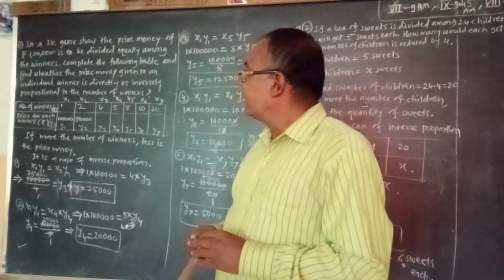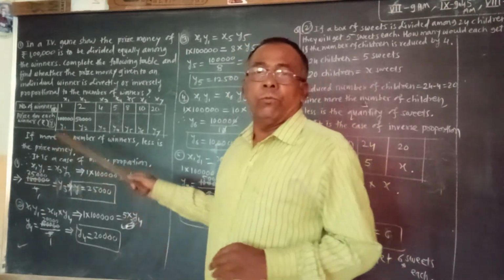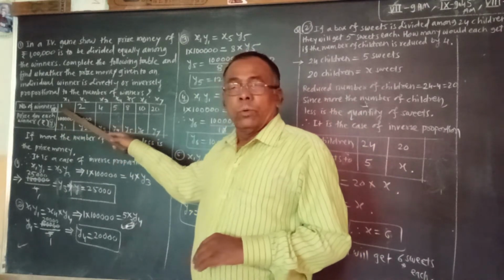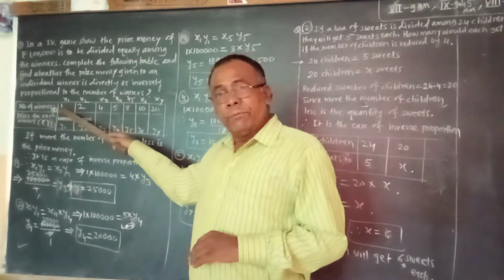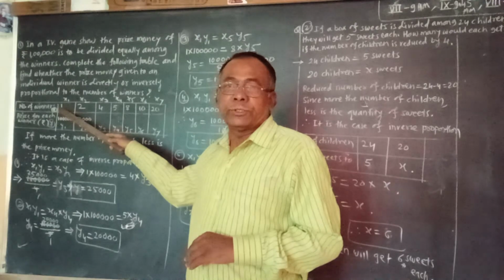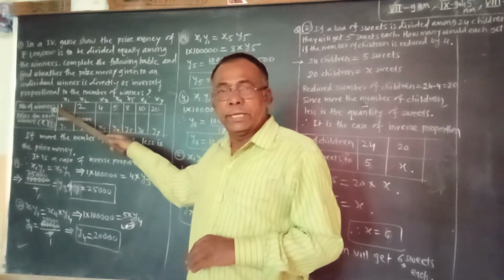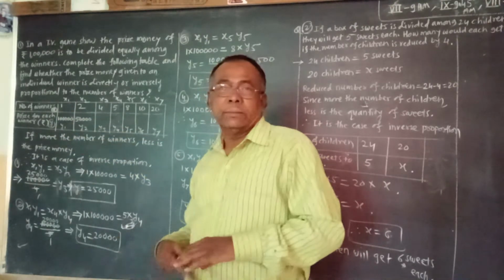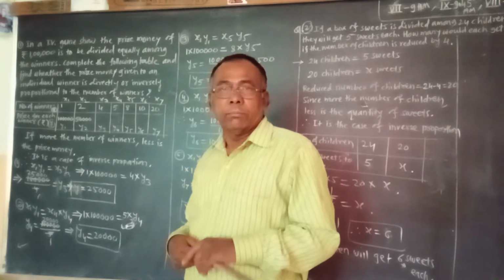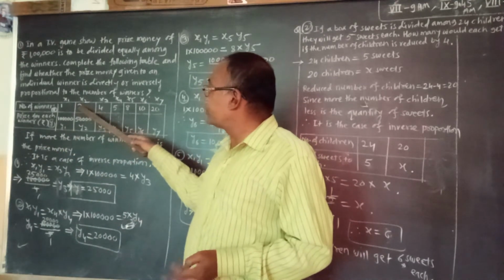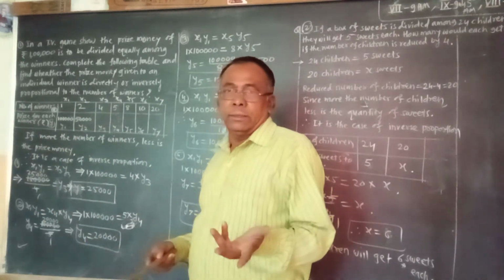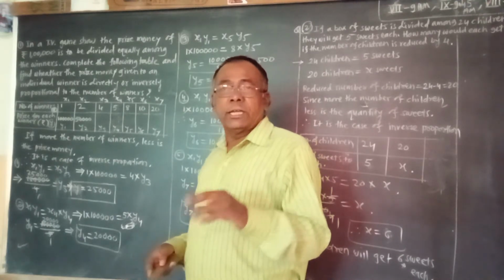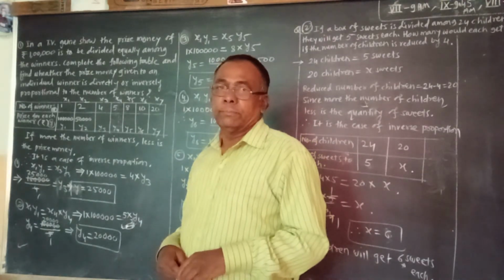If only one person is the winner, then he will get rupees 1 lakh. But if two persons are there, then each will get 50,000.